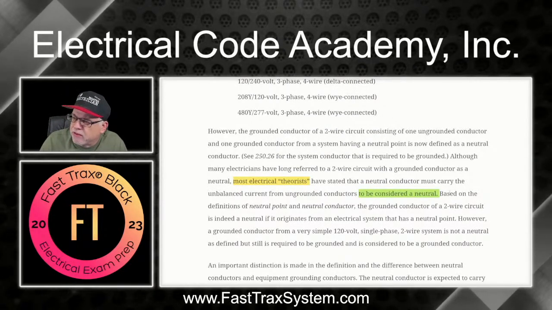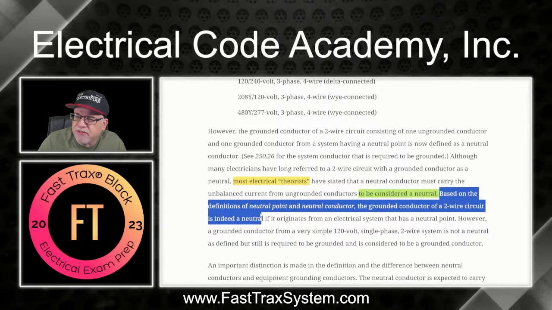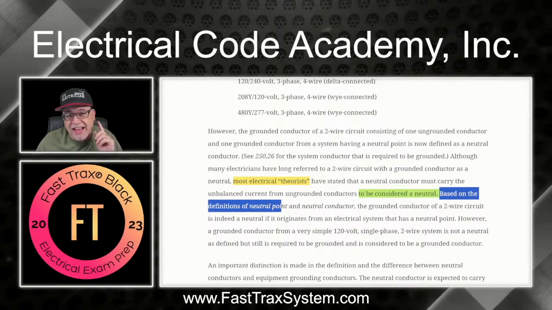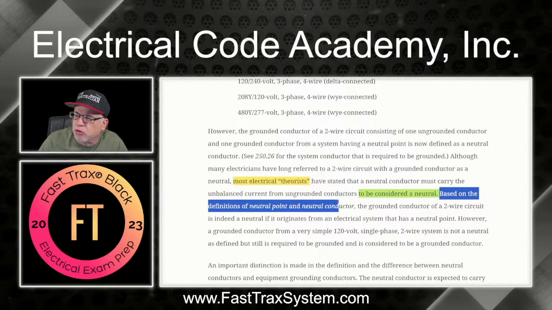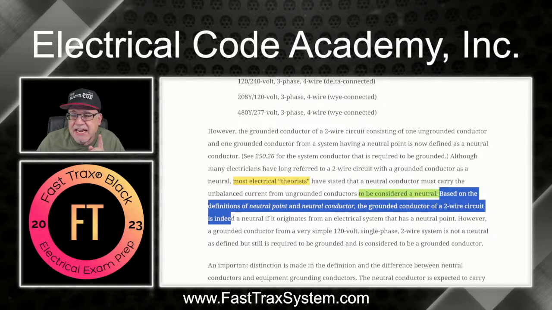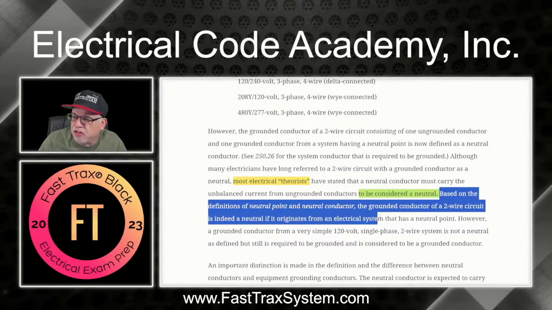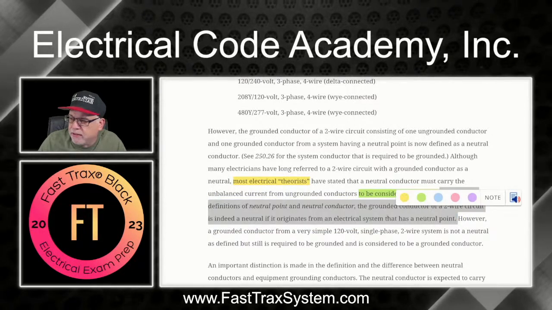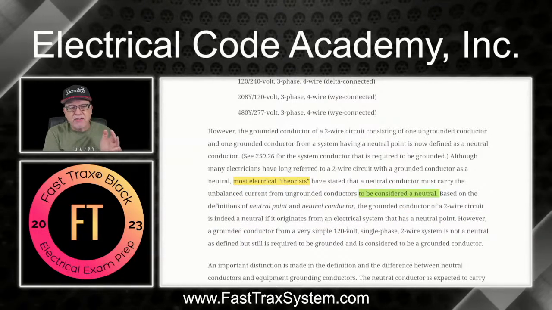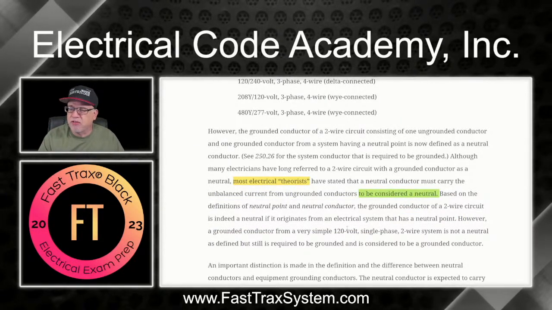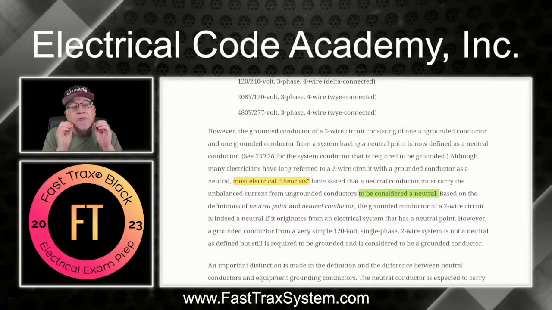Well, check this out. Based on the definition of neutral point, which was added in 2008, and neutral conductor, the grounded conductor of a two-wire circuit is indeed a neutral if it originates from an electrical system that has a neutral point. So the semantics of theory versus what the code says is for the use of the NEC.